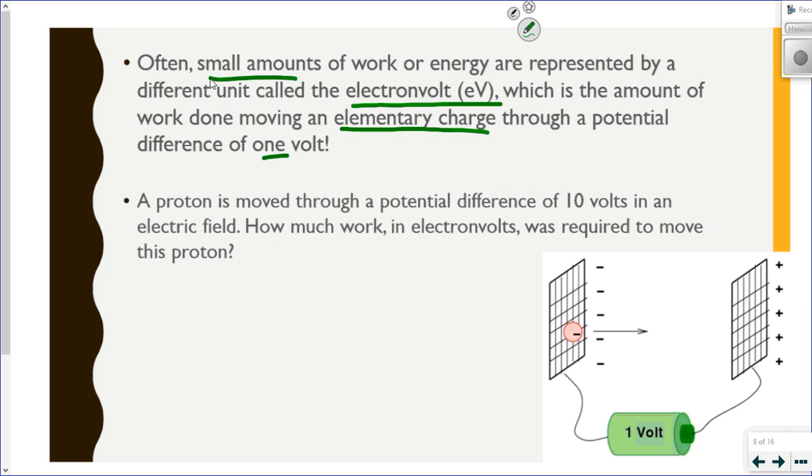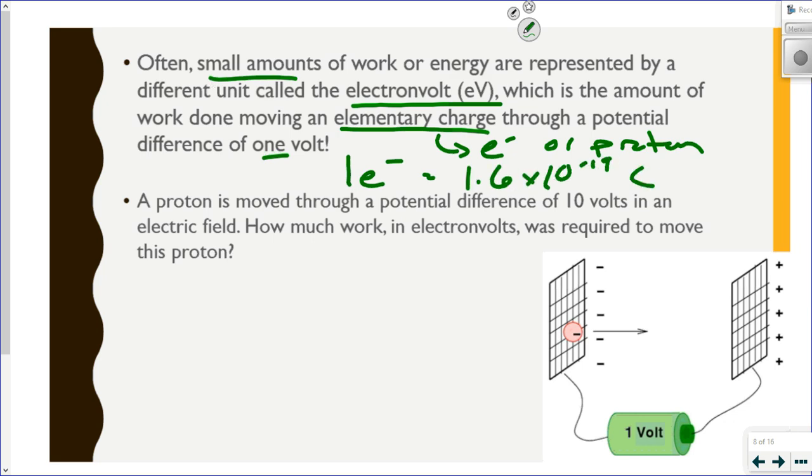So if you think about this, your elementary charge, which is your electron or your proton, and this is the process of charges moving from one plate to another. So where we have the charge of 1 electron, if you have 1 electron, you have 1.6 times 10 to the negative 19 coulombs.